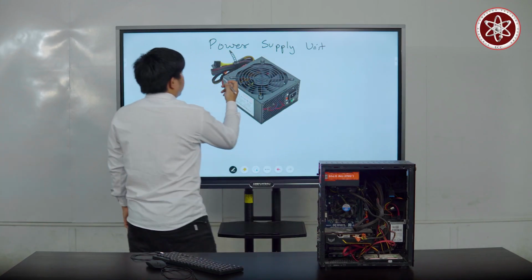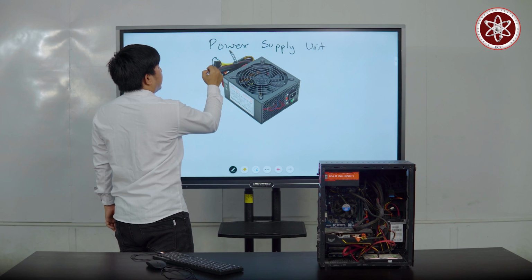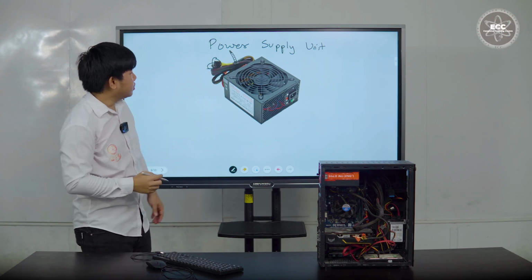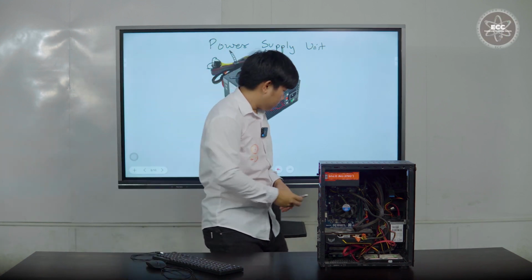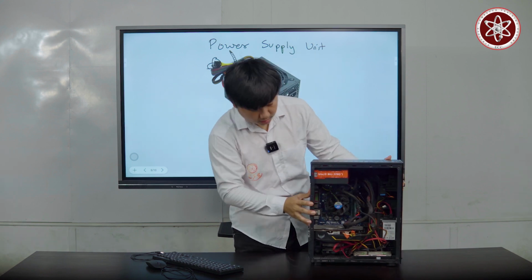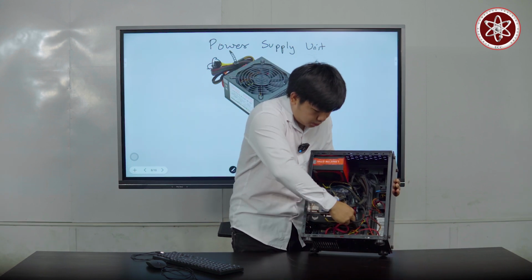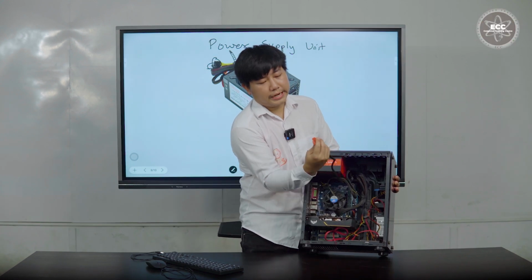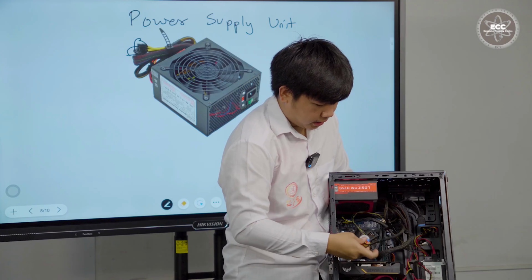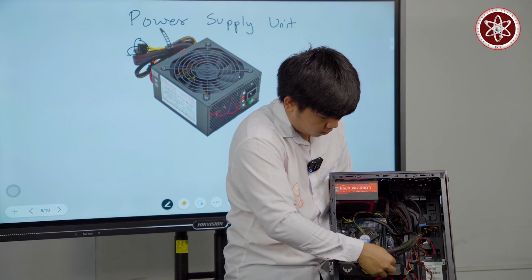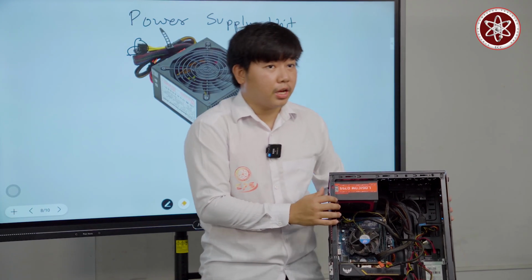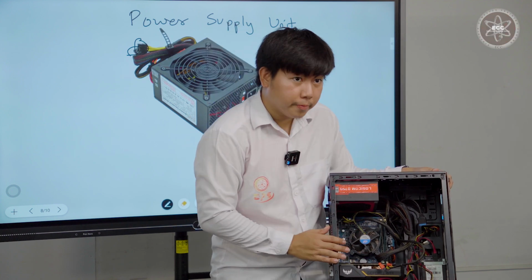Here, when we look at it, we'll see the heads. These heads go to different components. This one is for the GPU. It has 6 pins, and it works individually. It doesn't take an electricity supply from the motherboard.